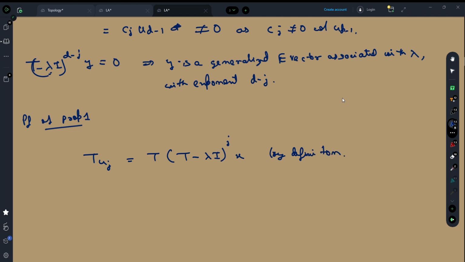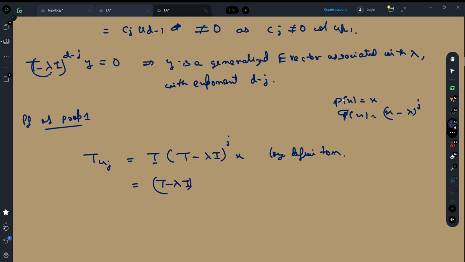But what can you say about this linear operator? Now observe that you can write it as T and T minus lambda I. Now see, both of these are polynomials in T, right? You can think of this as the polynomial p(x) equal to x, and you can think of this as another polynomial, say q(x) equals (x minus lambda) to the power j.